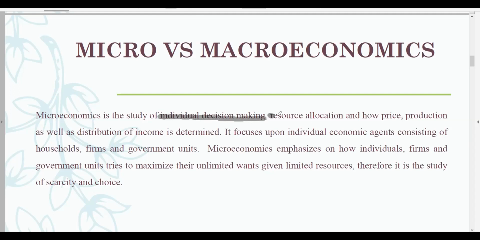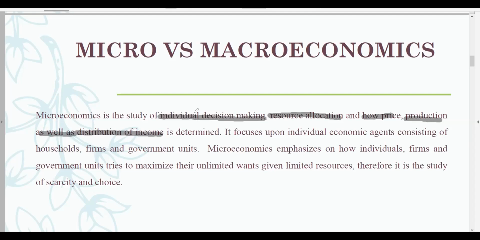We also look at the resource allocation. We also look at how price, production, as well as the distribution of income is determined.